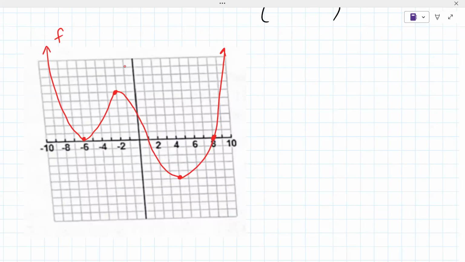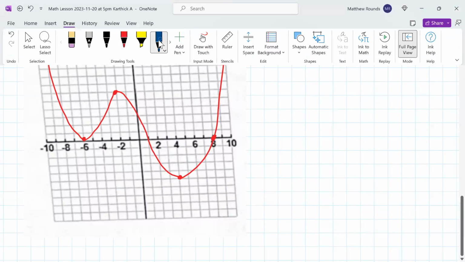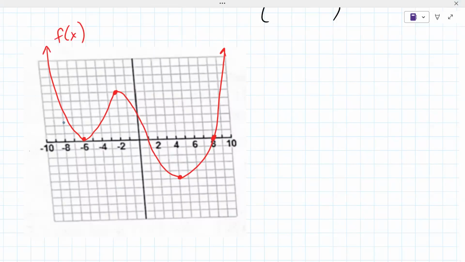Okay, so we're going to call this f of x. And then you asked for a second function as well, where you want to do them where they overlap, or you just want to look at one.